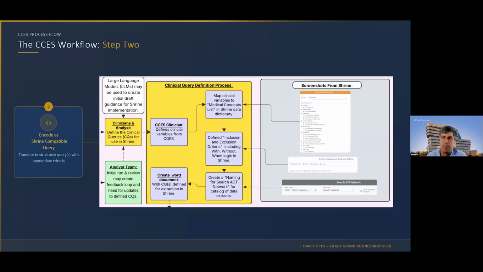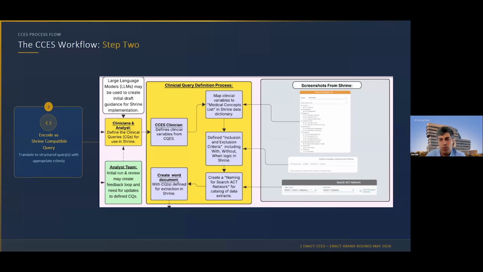The reason for that is that with a lot of the large language models out there, we can't put the ontology from Shrine into them easily, and so we don't always get the best output from them. So what we have done is our CCES clinician defines the clinical variables from the clinical question.